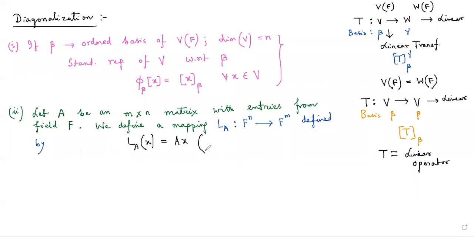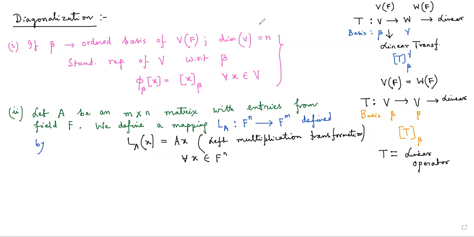This is actually called the left multiplication transformation, and this holds for all x belonging to Fn.